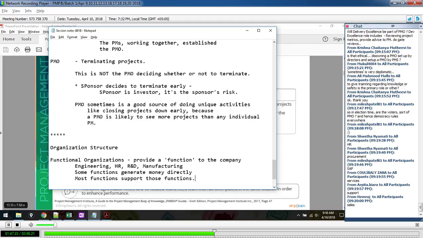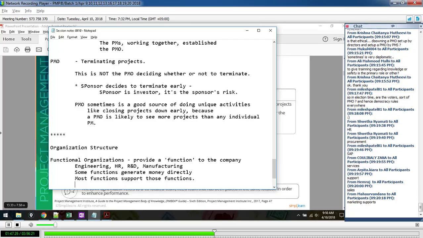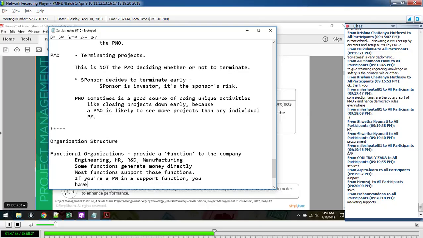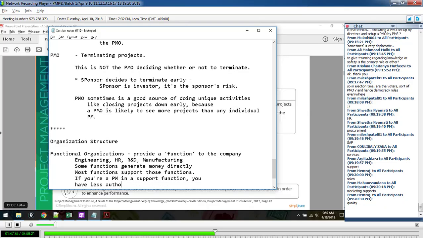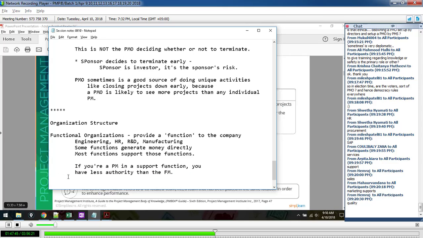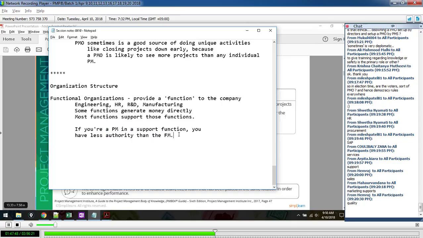Okay? Now, if you're a PM in a support function, you have less authority than the functional manager. Yep, finance and accounting, marketing. If you're a project manager, you're going to have less authority than the functional manager, right?